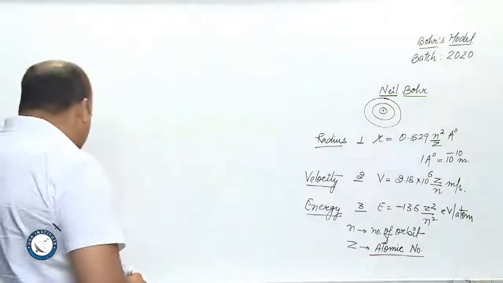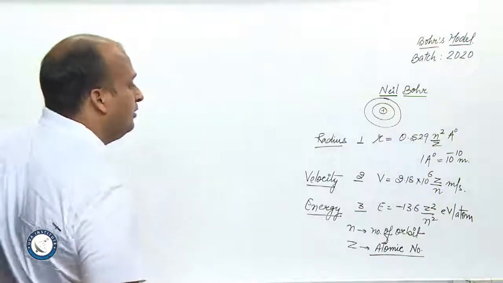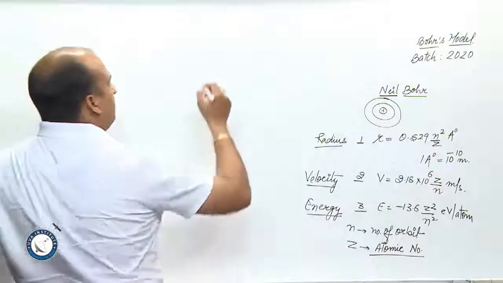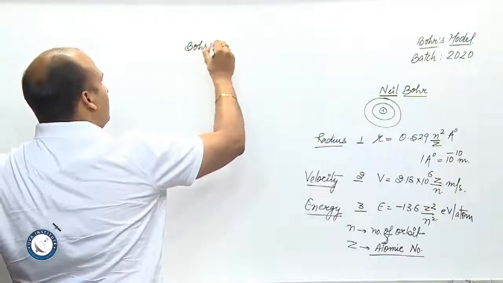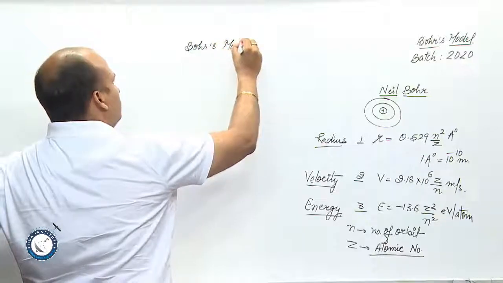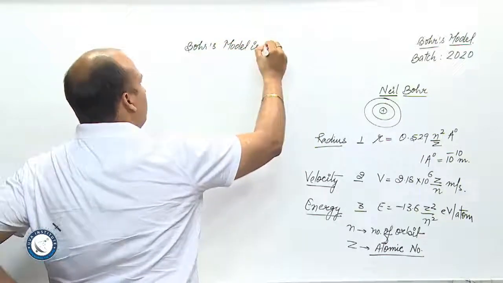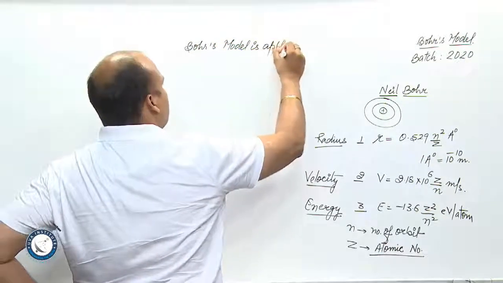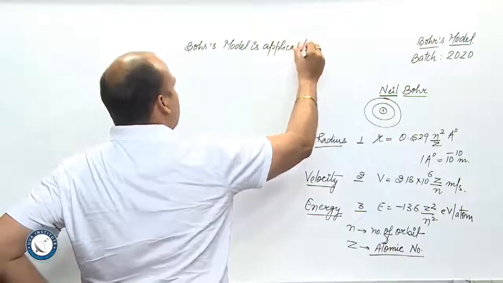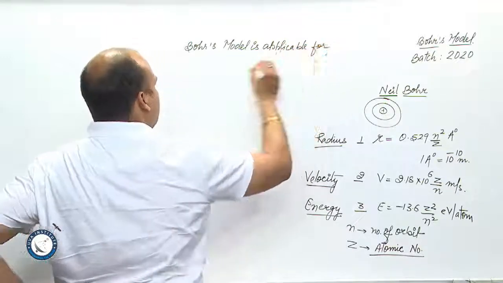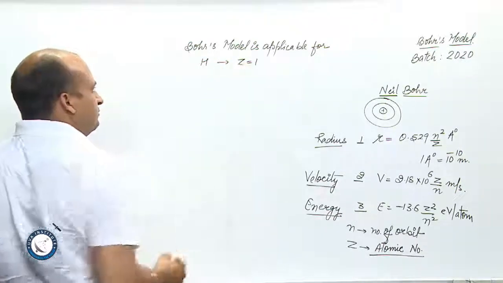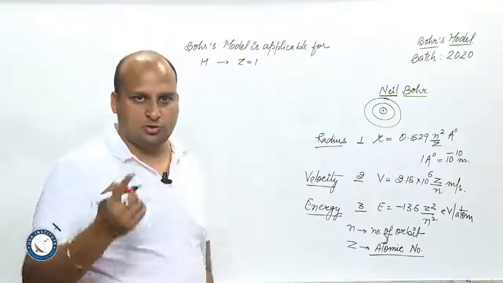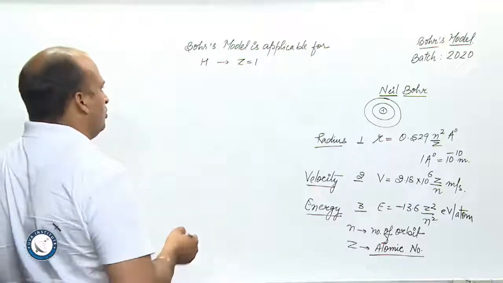Fine. Now see, Bohr's model is applicable for hydrogen. Atomic number of hydrogen is 1, right? Because it has got only one proton.